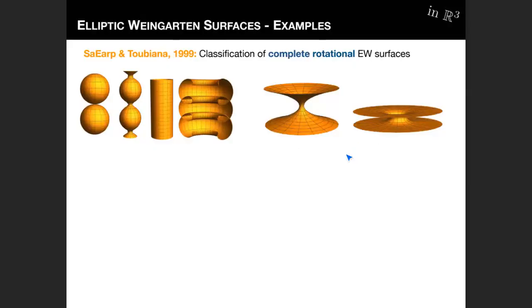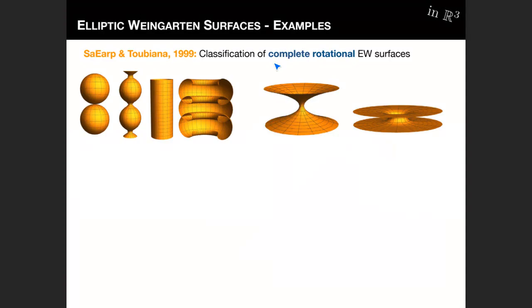So the catenoid in R3 is always unbounded, but elliptic Weingarten surfaces of catenoidal type can have bounded height. It depends on the behavior of the function defining the Weingarten relation. So this is the classification of complete rotational surfaces.